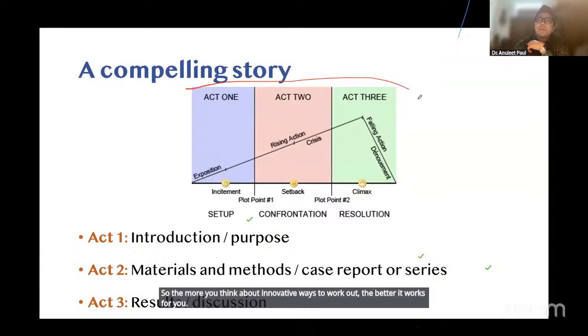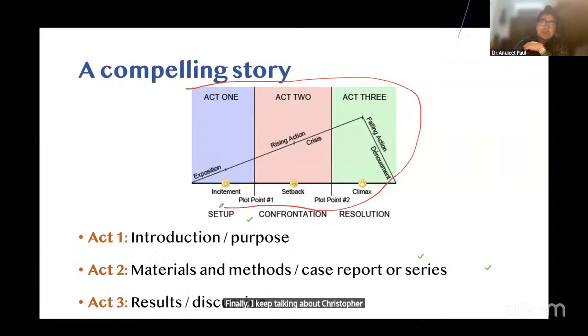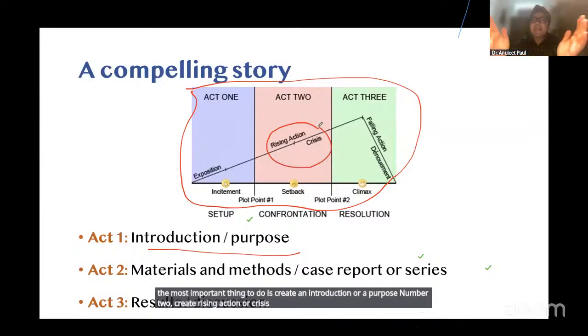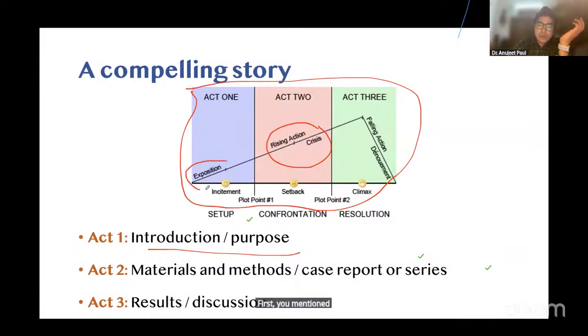Finally, I keep talking about Christopher Nolan and a compelling story. But how does Christopher Nolan or a great director write a compelling story? The most important thing to do is create an introduction or a purpose. Number two, create rising action or crisis. So this is a 3-act structure. First, you mention the diseases, the outcomes, the interplay that the patient presented with.